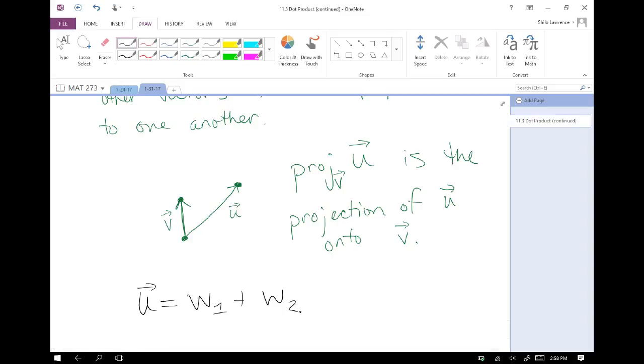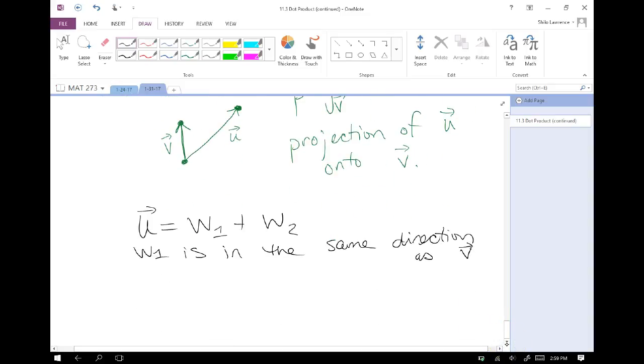I know that W sub 1 is in the same direction as V. I just have to change how long V is, possibly. W sub 2 is always going to be perpendicular to V.